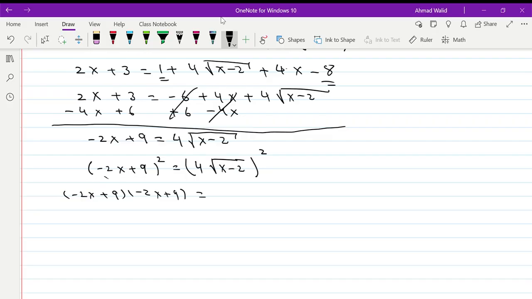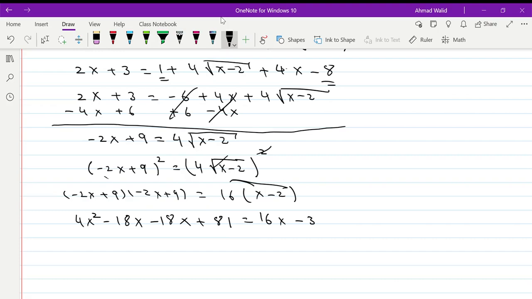And square this side. 4 squared gives you 16, and these two cancel out, times x minus 2. Correct? Negative 2x times negative 2x gives you 4x squared. Negative 2x times 9 gives you negative 18x, minus 18x, and plus 81 equals, distribute, 16x minus 32.